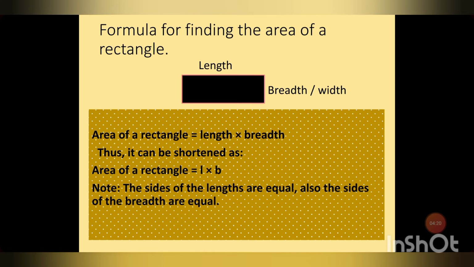Okay? The sides of the lengths are equal. Please do not forget that. The sides of the length are equal and the sides of the breadth are equal as well. The length we have said is the long side and the breadth is the short side.